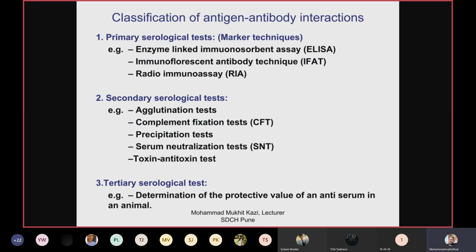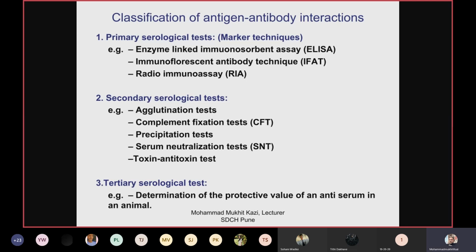The serological reactions are classified as primary, secondary, and tertiary serological tests. The examples of primary serological tests are enzyme-linked immunosorbent assay, which you have all heard about, the second one is the immunofluorescence antibody technique, then radioimmunoassay.